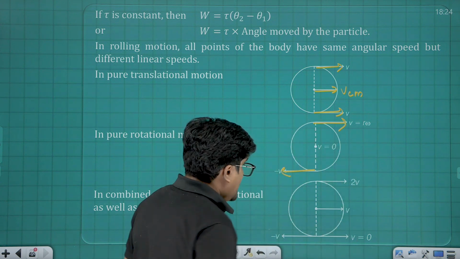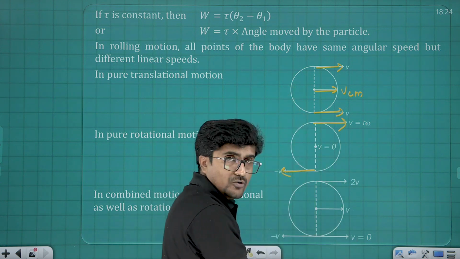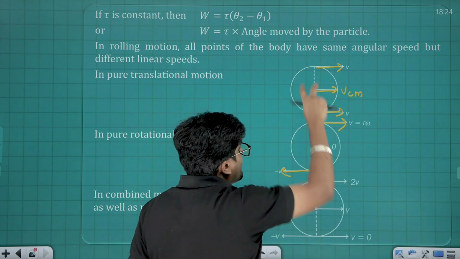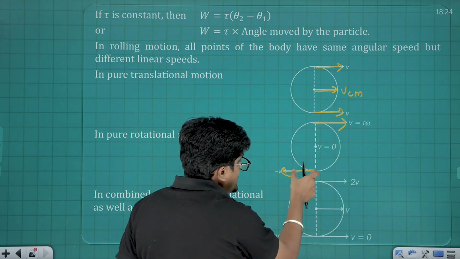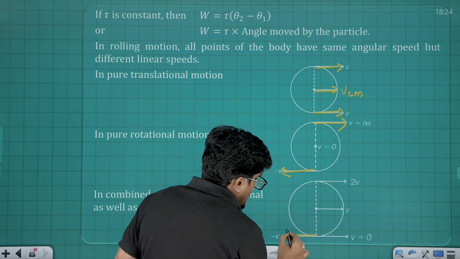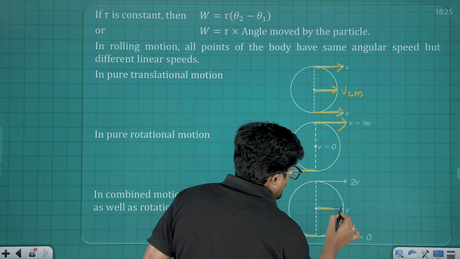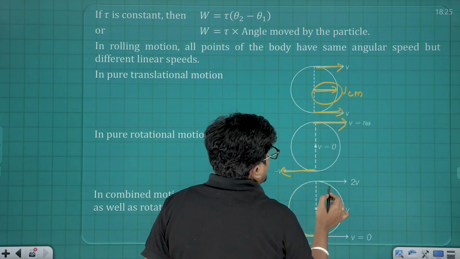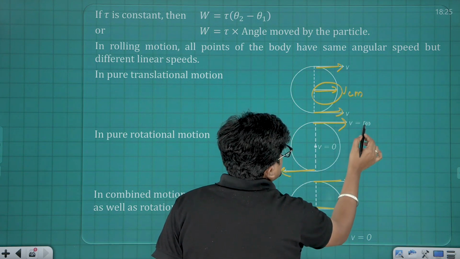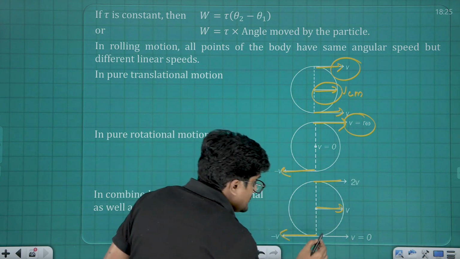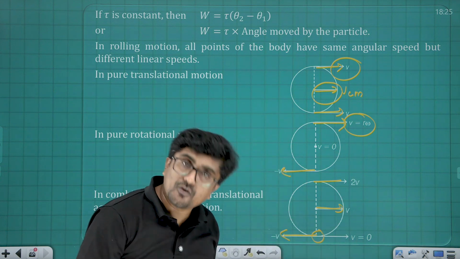And for pure rolling, it's going to be the combination of both these. That means I need to place this one over here. So once I place this one over here, I can see the bottom part is going to have a velocity component like in this way. Here it's going to be V, only this particular part, and here this is going to be the summation of this one as well as this one. If it is pure rolling, this particular point is going to be at a state of rest.